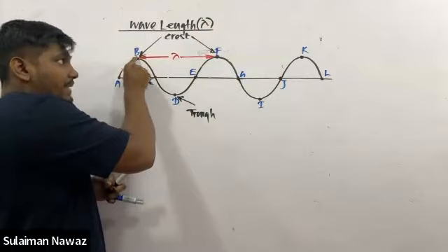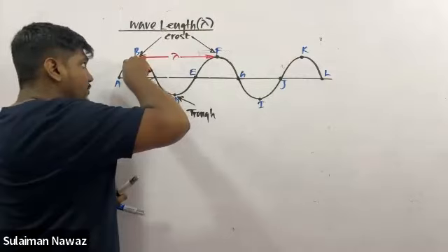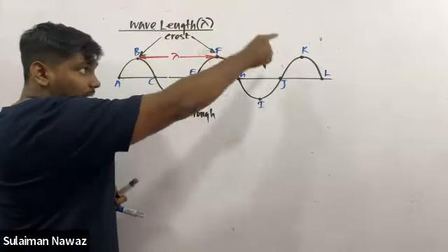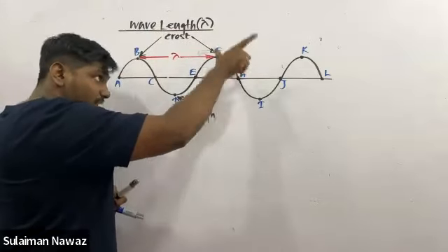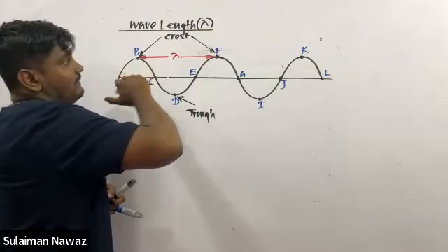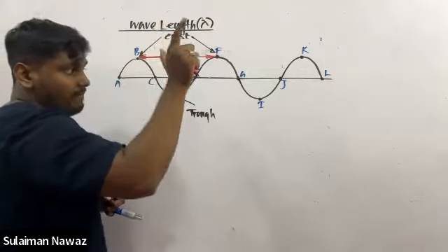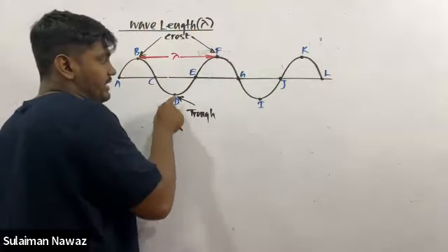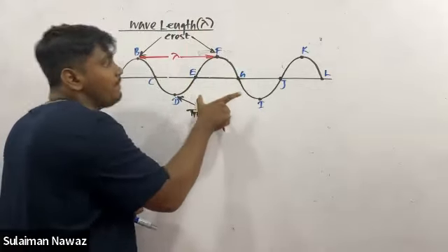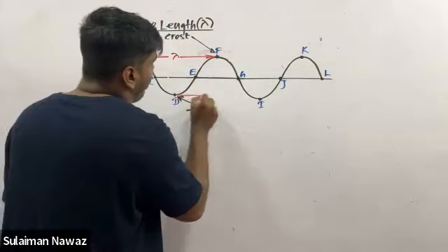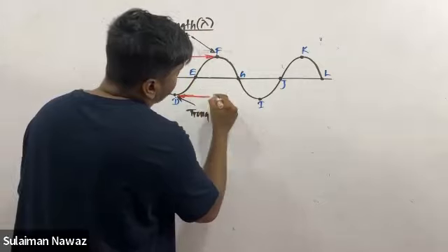B and K are in same phase, but they are not adjacent. Adjacent of capital B is capital F, not capital K. Now D and I are troughs. Capital D and capital I are adjacent particles in same phase, so the gap between them must be equal to wavelength. Draw this diagram.